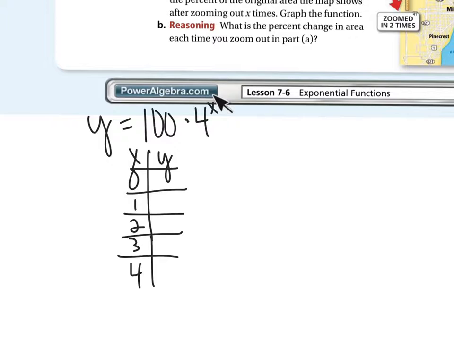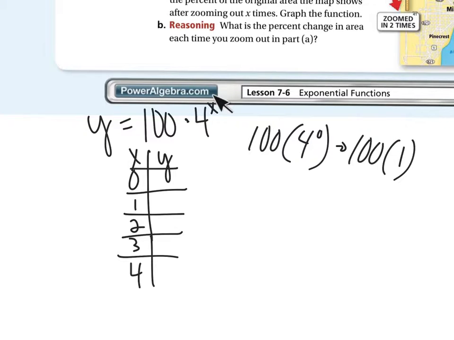So I did not put my working column in the middle here, which, that's your decision if you want to do that or not. 4 to the 0 power equals 1. So here we are again. If we don't zoom in any times, we're still seeing 100%. Or zoom out, rather. Zoom out, sorry.